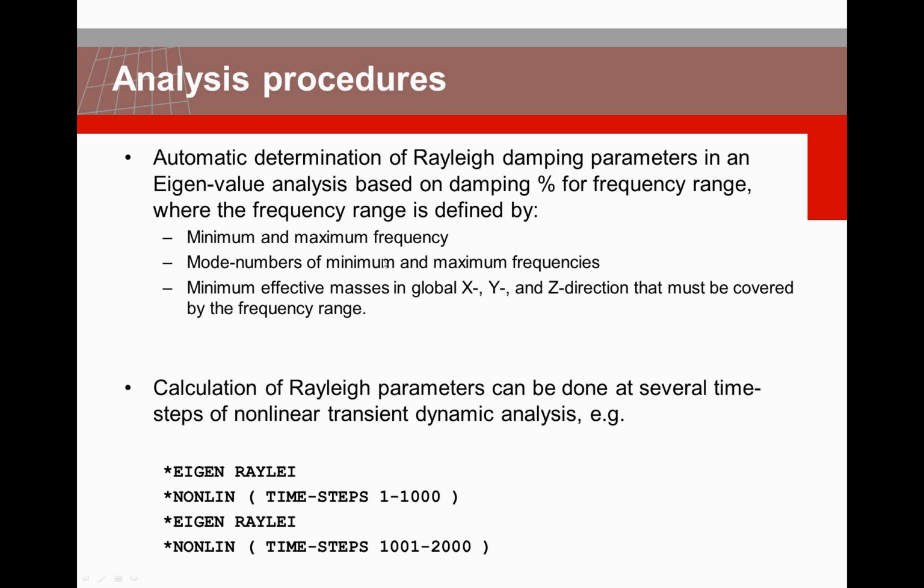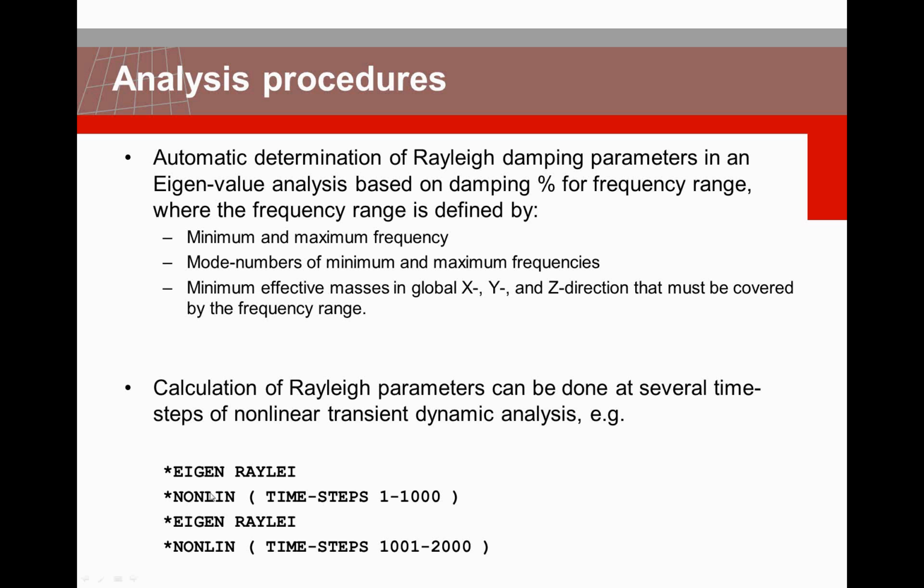The frequency range can be defined by minimum or maximum frequencies, or by mode numbers, or by minimum effective masses that should be considered in global X, Y, and Z directions. And then Diana automatically calculates the damping ratios, the damping values, the Rayleigh damping parameters, and applies these values. And this can be easily used in a nonlinear transient analysis, as you see here.